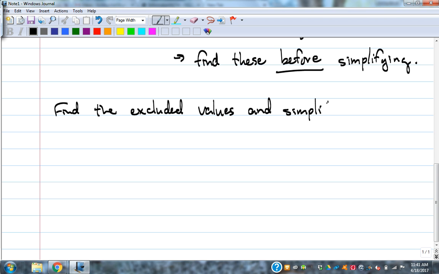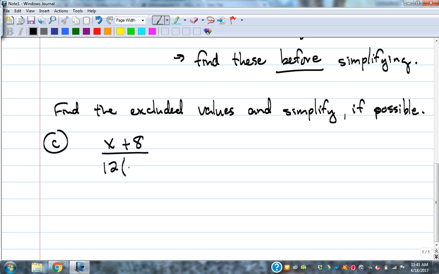Okay, so we're going to find the excluded values and simplify if possible. So example C, let's do this. x plus 8 over 12 times x plus 8.